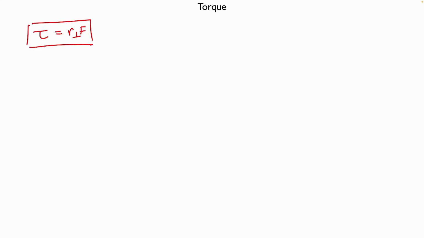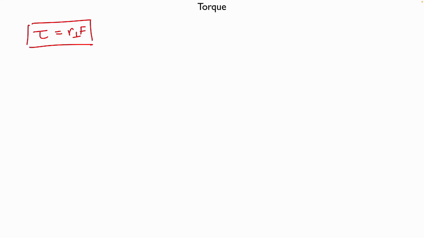Like we did last time, right? If you apply a force directly at the axis of this wheel, the distance here would be from the center of the wheel to where I'm applying the force. But if there is no perpendicular component of this force, I can't make the wheel rotate, right? I have to come in and apply a perpendicular force somehow, some way, in order for any torque to take place.